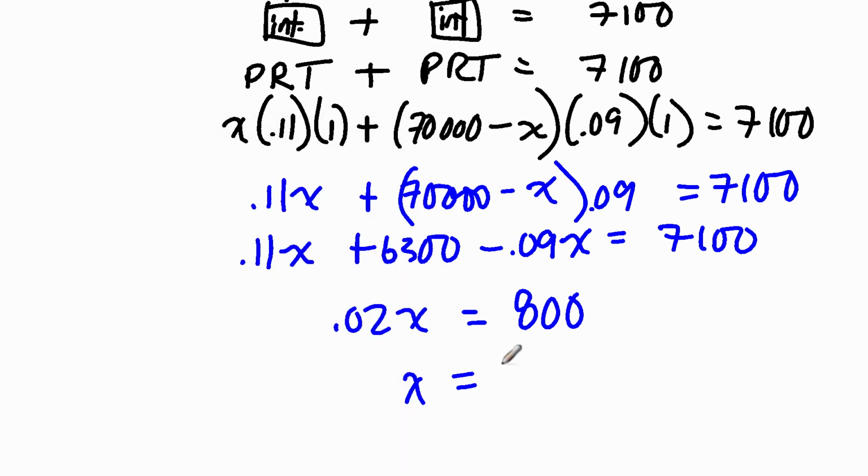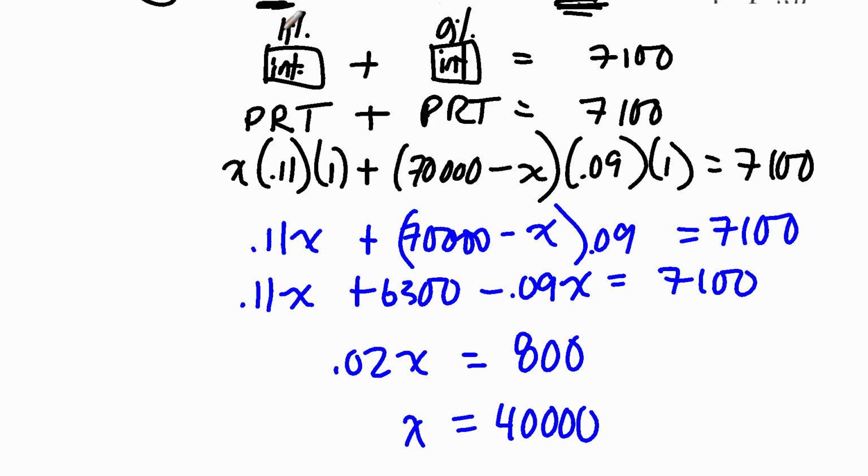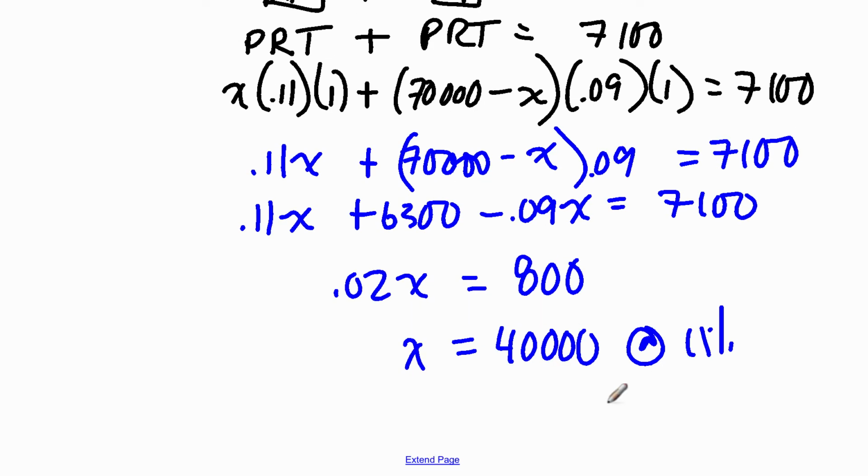So x is 40,000. And x is how much I invest at 11%. So 40,000 is invested at 11%. So the remainder of the 70,000, or 30,000, must be invested at 9%.